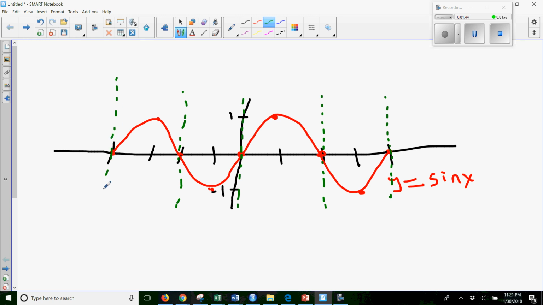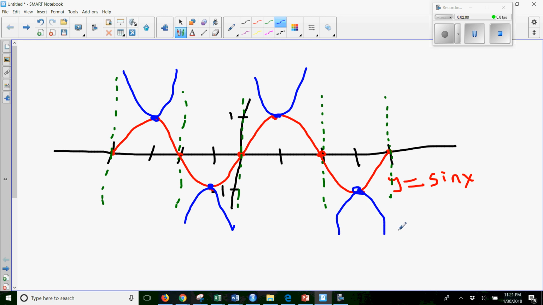And then we're going to take these points here and we're going to flip. Alright, this is going to be y equals cosecant x.